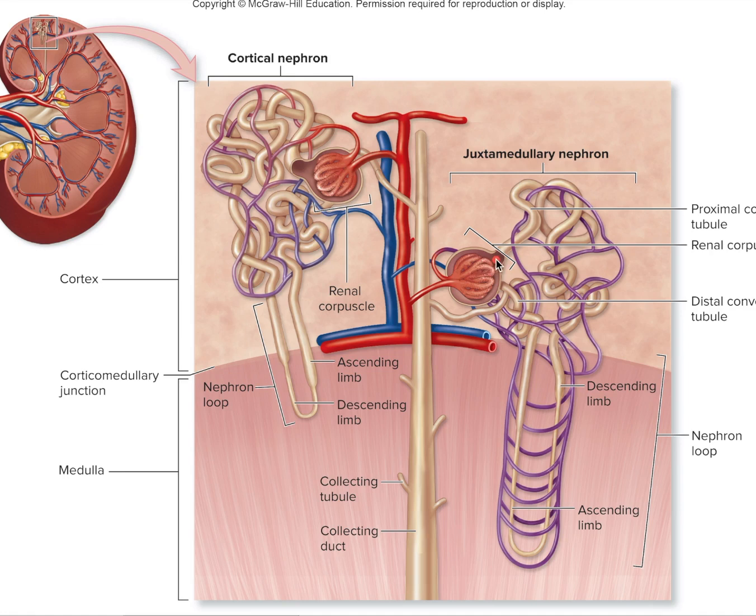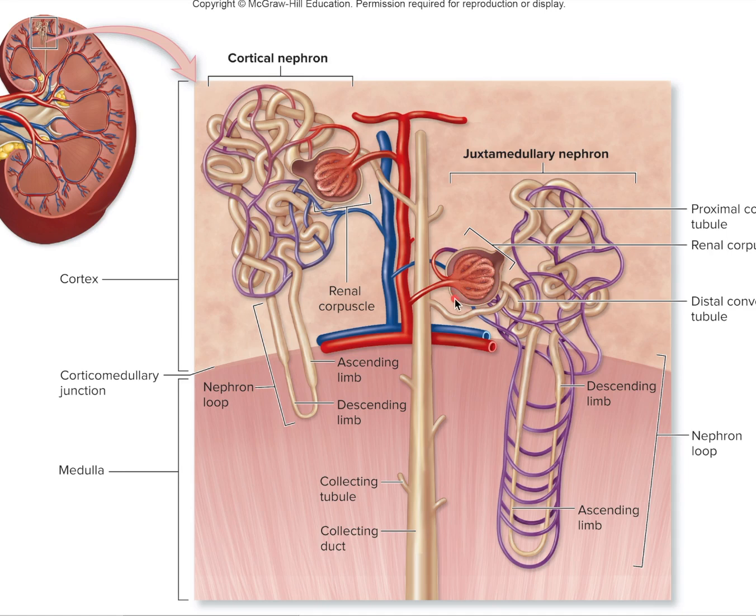And there are a lot of other features of the glomerulus that are regulating which molecules pass through, but for the most part, anything small enough to fit through the fenestrations gets pushed into this space right here.